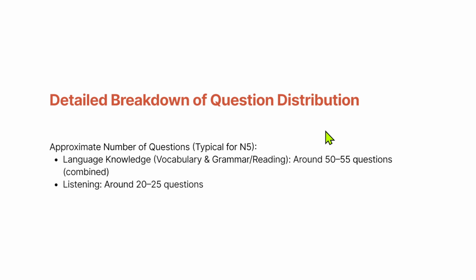Now, a detailed breakdown of question distribution. How are the questions in the JLPT N5 examination distributed? Approximate number of questions. These are not the official stats from JLPT. These are based on all the previous question papers and what questions have appeared in the examination.